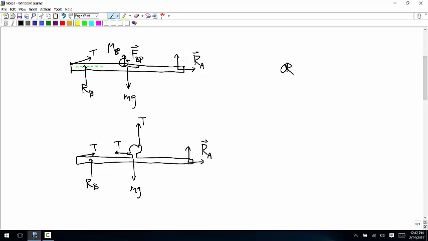So doing it this way, we cut down a lot on the number of variables. 1, 2, 3, 4. That's getting much closer to being able to solve. And if we had some way to calculate one of these other forces from an external body, then with one extra equation, we could solve this. So this is preferable to this.